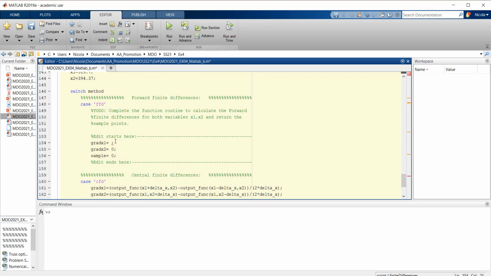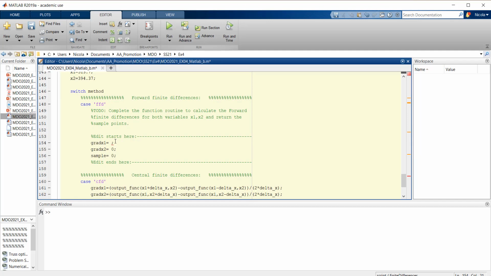The forward finite difference is you take the objective function at xi plus delta xi minus the objective function at xi over delta xi.